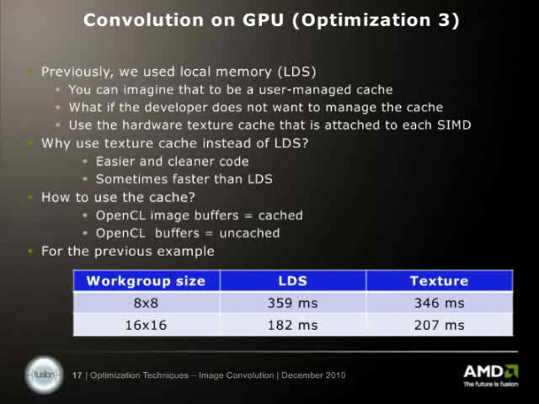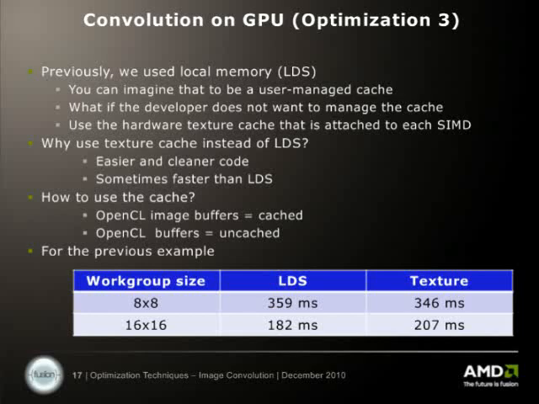The second optimization was that we knew that, hey, if we use LDS, why not make the work group size larger? Because that will enable more data reuse. So we decreased the time even further. So this was about LDS.